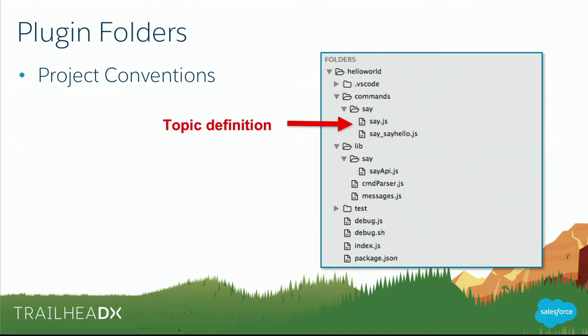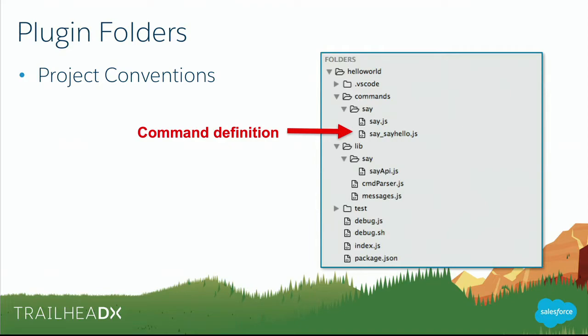Next is the topic definition. Again, you can see my convention here. If my topic is say, then my topic definition is say.js. That just defines pretty much the help for the topic. And then finally, below that is the command definition itself. In this case, can anybody guess what my command is?